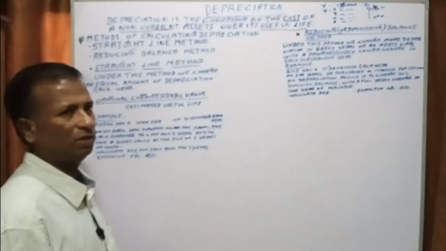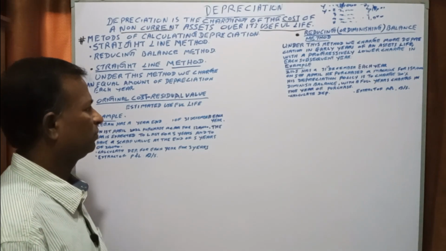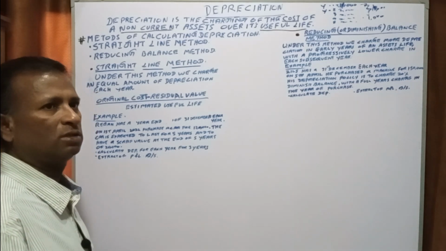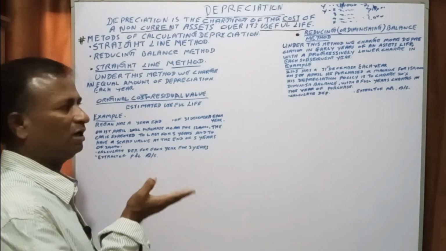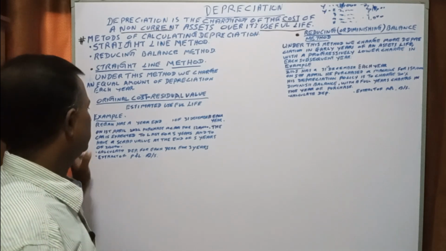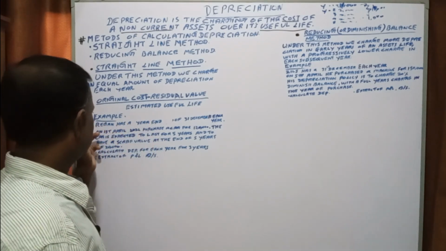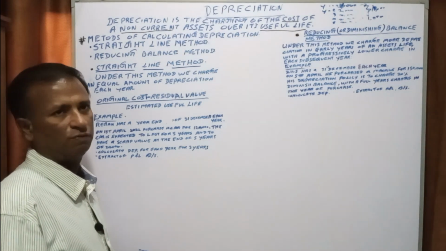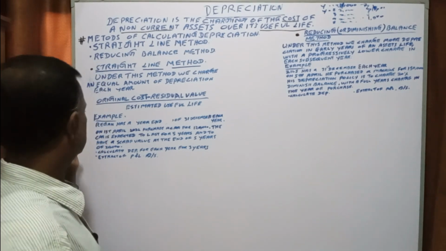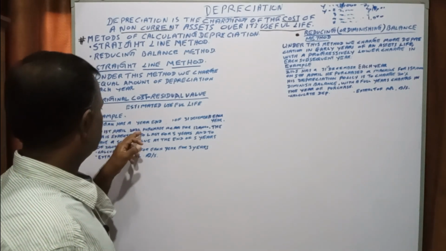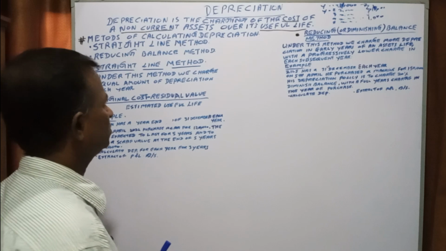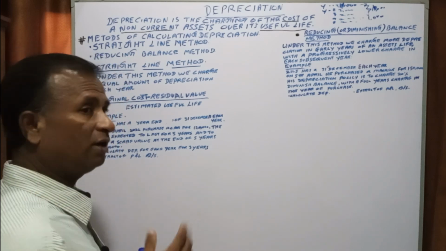This is what they are trying to tell you, that the financial year Reagan follows is 1st of January to 31st of December. On 1st of April 2022, he purchases a car for 120,000.